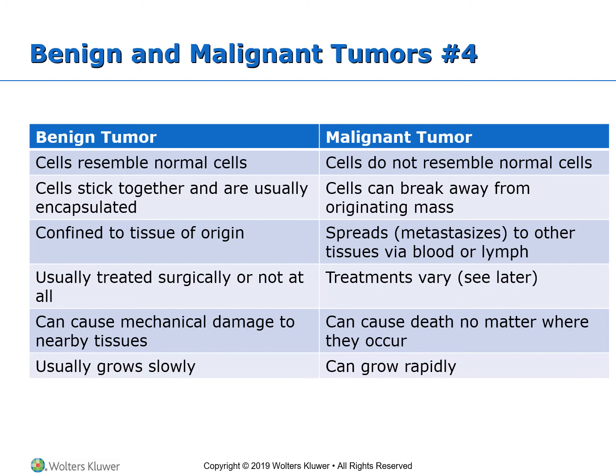Cells in a benign tumor tend to stick together, and a benign tumor will have what is called a capsule, a kind of fibrotic outside tissue that provides the border of that tumor. On the other hand, in the malignant tumor, the cells have a high capability of breaking away from the originating mass and traveling and lodging into other tissues, creating what is called a metastasis.